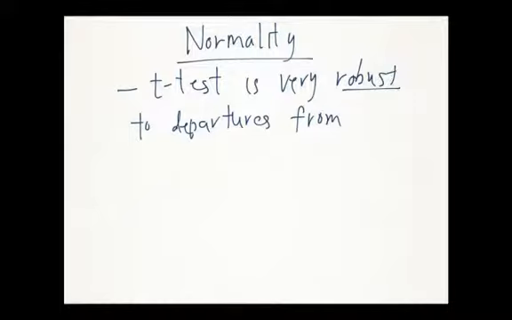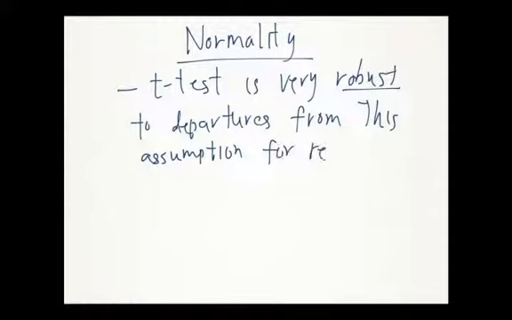So that's good news. It's a really good quality of a test for it to be robust to departures from assumptions, okay? So the t-test is very robust to departures from this assumption for reasonable sample sizes.